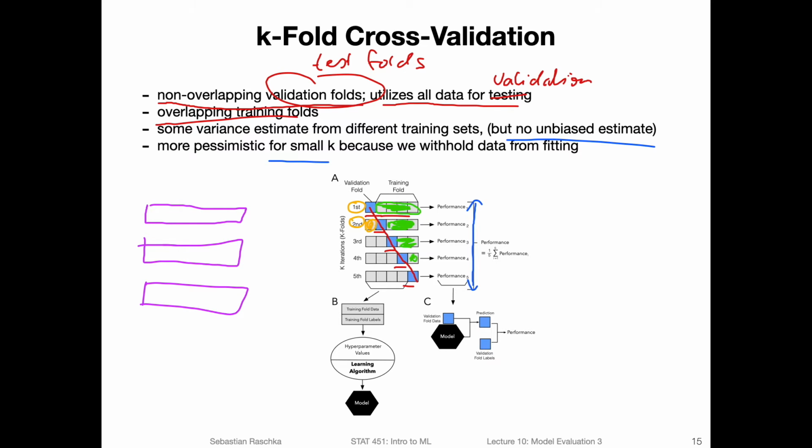In each round, for the first round this chunk is for validation, for the second one this chunk is for validation, and for the last one this one. Here each chunk is bigger than the chunk in the 5-fold cross-validation case. That means fewer data is available for training, which relates to what we talked about last week: we have a performance estimate that is more pessimistic because we withhold data from fitting.